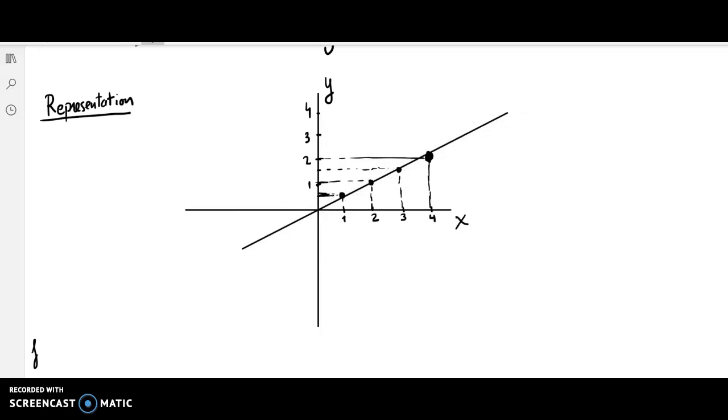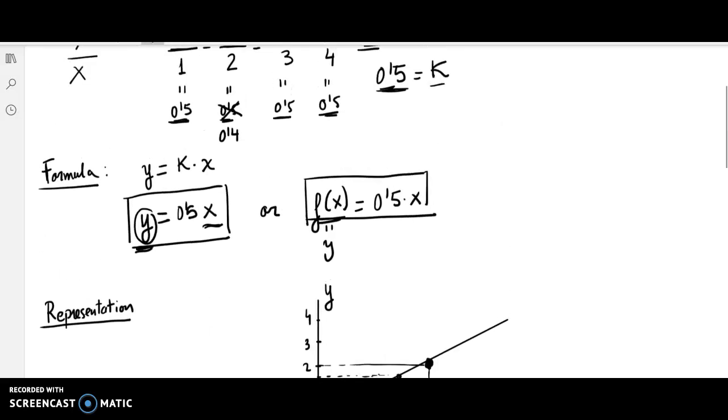Yes, more or less. So this line has to intersect the 0, 0, because this point, the 0, 0, is also a point of this function. If you substitute in this formula, if the x is 0, you multiply 0.5 times 0, the y is 0. Okay? So the 0, 0 is always a point.